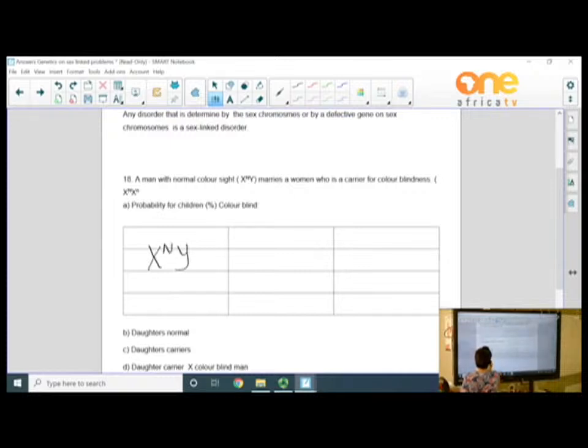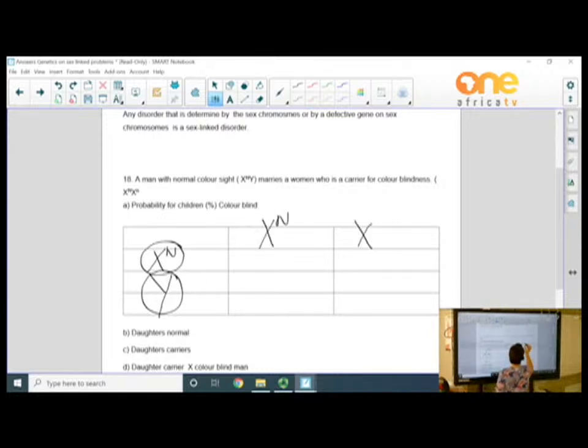And the female, the male: X N is the one gamete for the male, and Y is the other gamete for the male. The female: X N, X small n. She is the carrier.